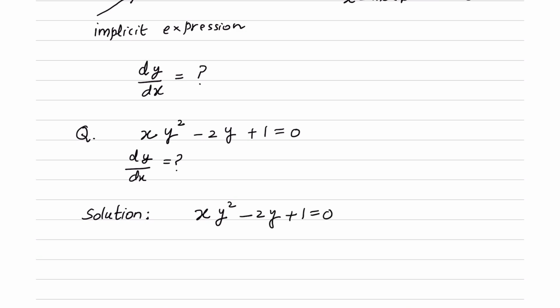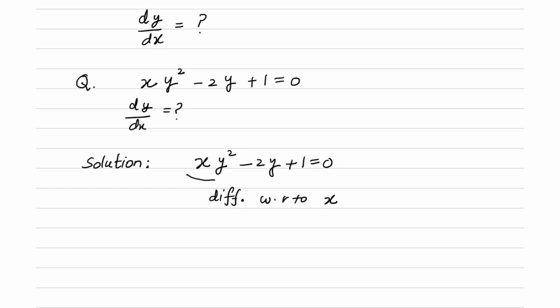Since we have to find dy by dx, where the upper variable y is the dependent variable and the lower variable x is the independent variable, we will have to differentiate this expression with respect to x. Let's differentiate this expression with respect to x.